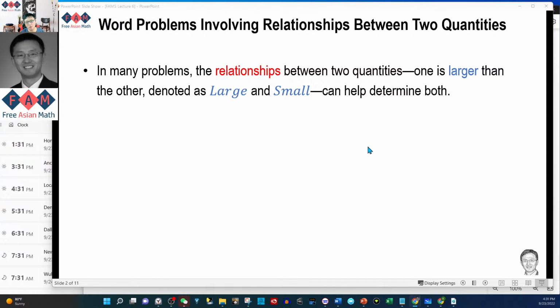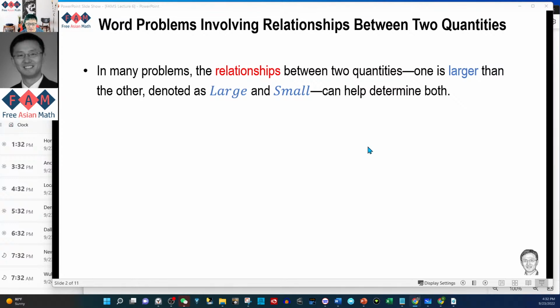Assuming one is larger than the other, well, sometimes mathematically, this larger can include the case where the two are actually equal. So in that case, the two quantities will be the same. But for the purpose of those word problems, we usually will have the case where one is strictly larger than the other. So how many relationships can you think of between those quantities?